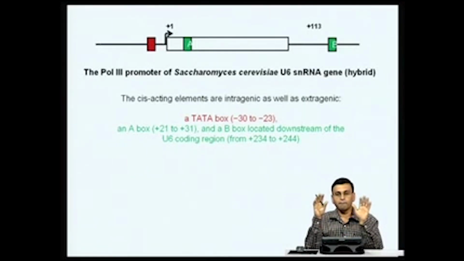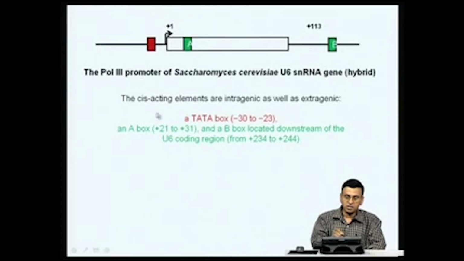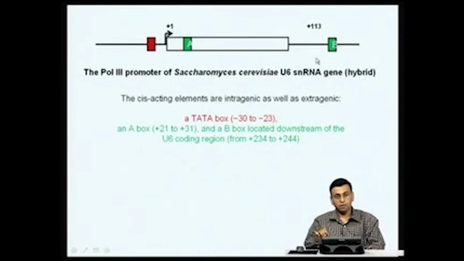One such exception is what I have shown here, where the Pol III promoter of the Saccharomyces cerevisiae U6 snRNA gene is a kind of hybrid promoter because it contains a TATA box, which is extragenic, 5' to the transcription start site, and it also contains a box A within the transcribed region, and a box B at the 3' flanking region of the U6 snRNA gene.